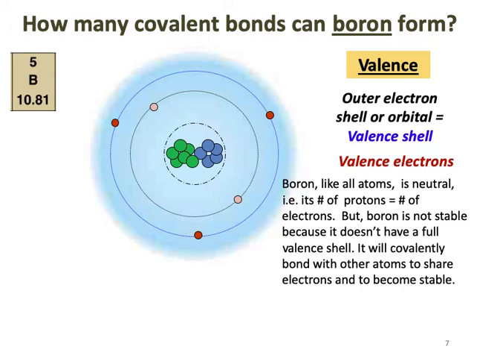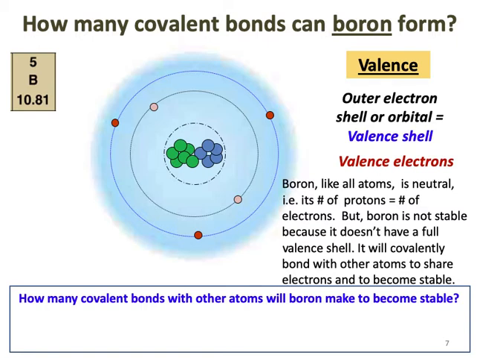If you don't have a full valence shell, an atom is going to want to form bonds in order to fill that shell so that it's more stable. I like to think of this as it's more happy. So when it forms covalent bonds, it will share electrons with other atoms. That sharing will complete its outer shell and it'll be stable.